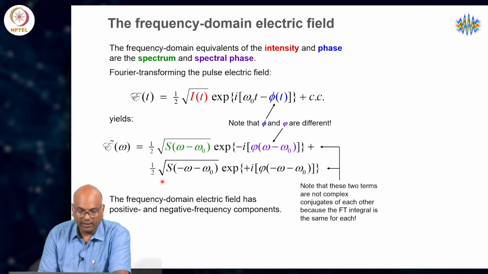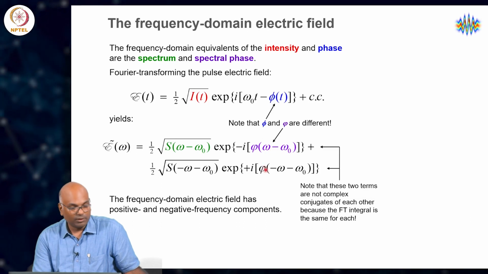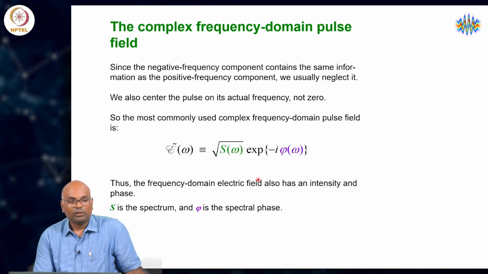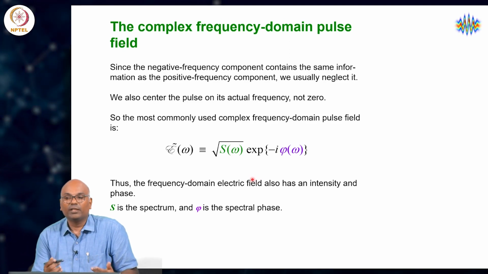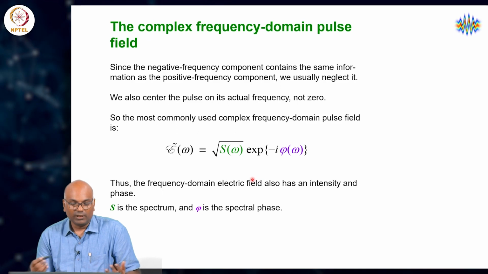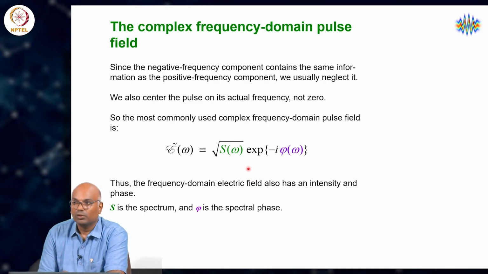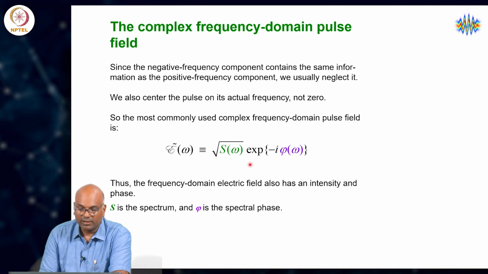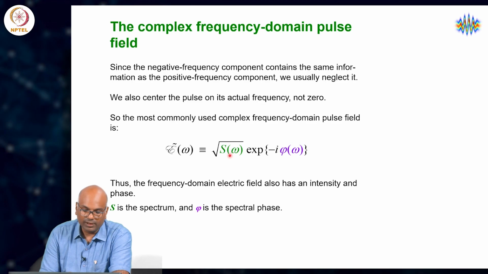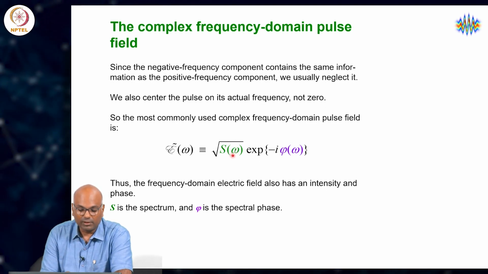So with that being the case, these two terms do not really have any exclusive information in one of them which is not there in the other. In other words, the two terms contain the same information, albeit on either side of the omega equal to 0 point, owing to which we then say, okay, we can now use a new reference.